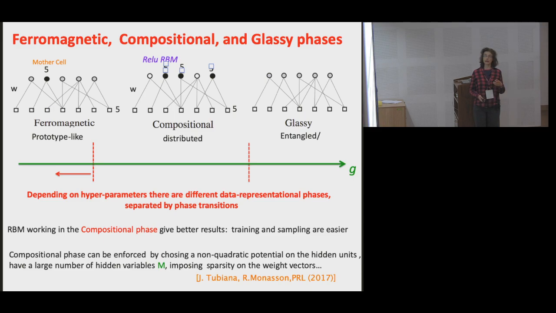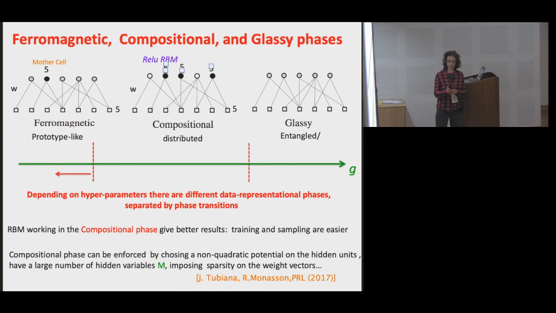And there are phases in which the learning is easier for this network, and you have more interpretable results for the weights. In particular, they have called this phase of good learning a compositional phase, which gives better results in the sense that the training and sampling are easier.